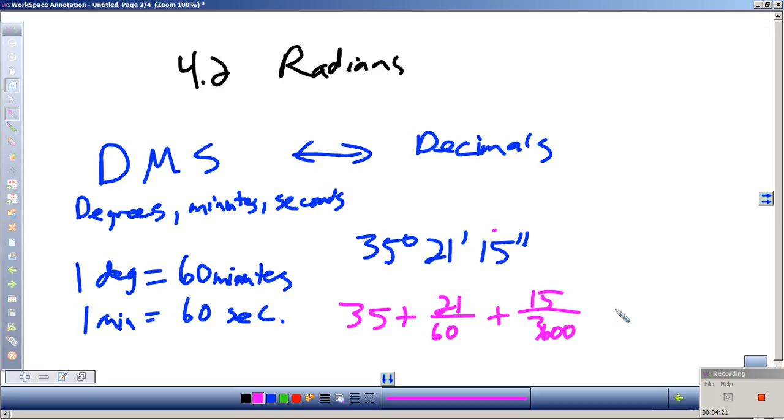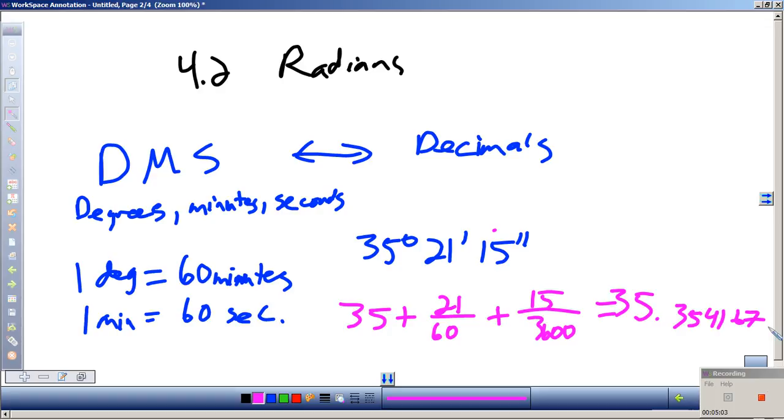So what do you get when you plug this into your calculator? 35.354167. You want at bare minimum 4 decimal places. Oftentimes they'll say round to 4, so I put 6 up there. Does that make sense how we did it? So that one's fairly simple.